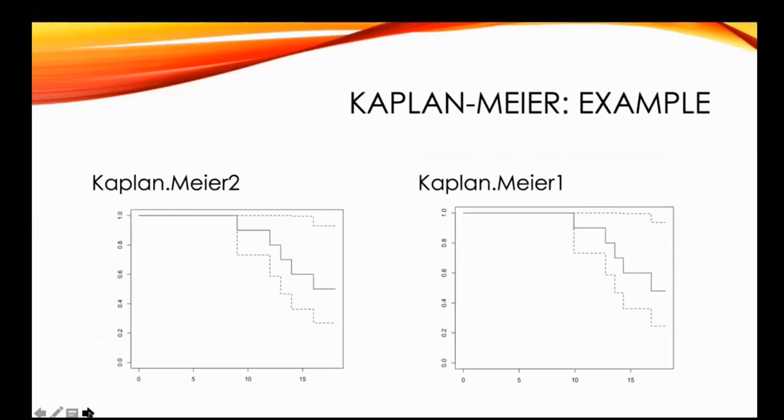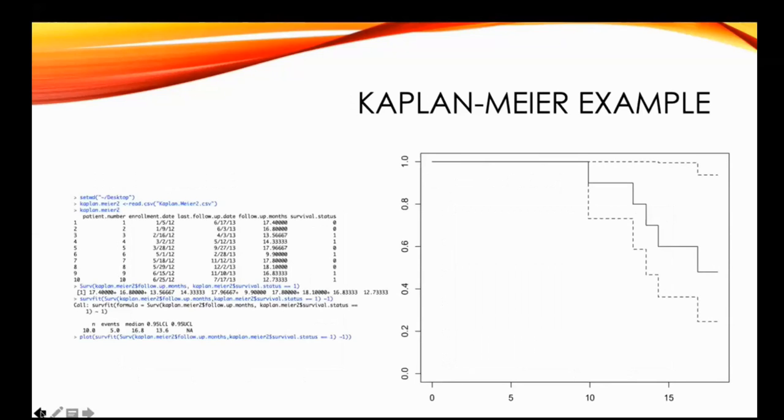And these two survival curves from Kaplan-Meier 1 and Kaplan-Meier 2 are very similar. But if we go back, we can see that the median survival here is 16.8 months, and that's because we have used months with fractions of months to be a little bit more precise in our timing.